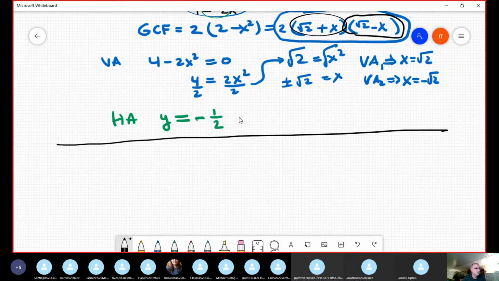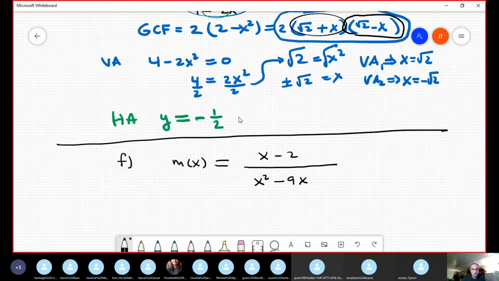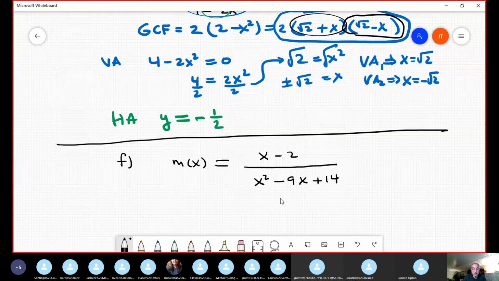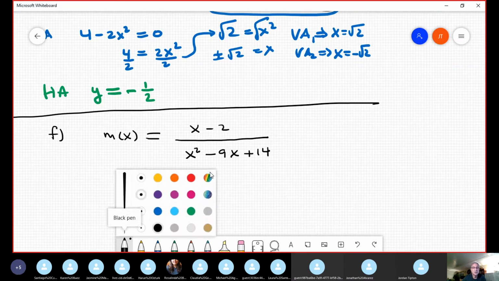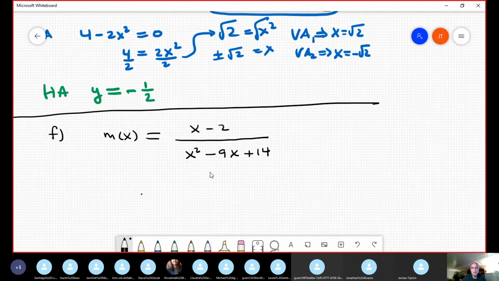Okay, number F, the last one of this part. M of x is equal to x minus 2 divided by x squared minus 9x plus 14. Okay, super. The first thing you should do is factorization. Don't forget, please. Factor the polynomial at the top and the polynomial at the bottom. At the top, we can't do anything, because it's just one term.